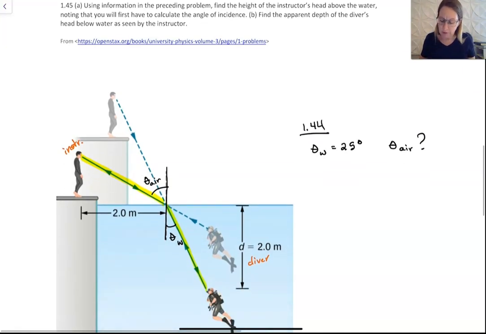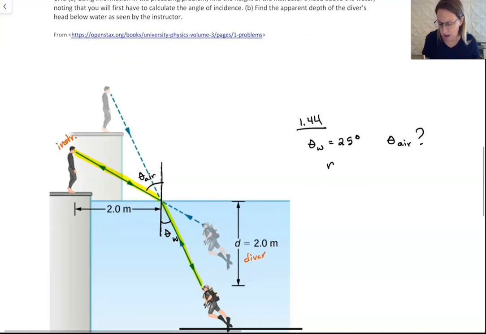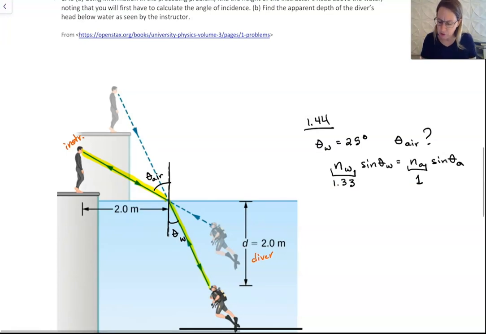That was pretty straightforward to figure out, because we just say n of water sine theta water equals n of air sine theta air. The index of refraction of air we're setting equal to 1, which is close enough to the vacuum speed of light. For water, if we look it up, it's 1.33. So if we put that in, we have 1.33 sine of 25 degrees is equal to 1 times sine of theta air.